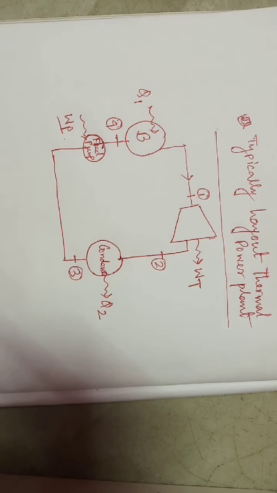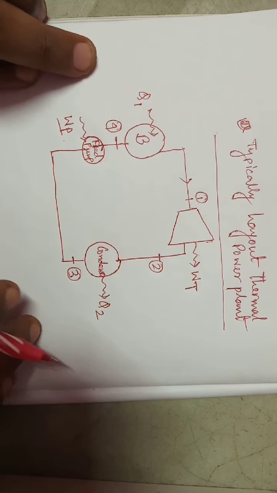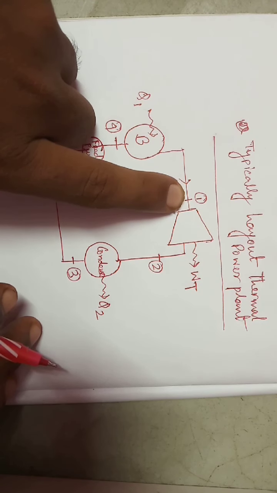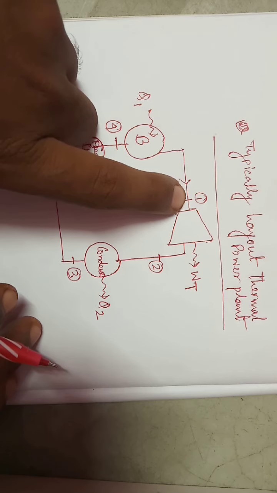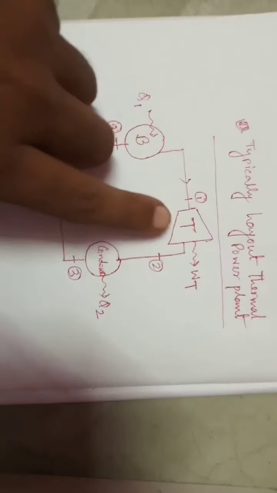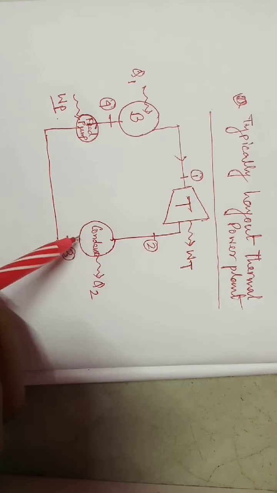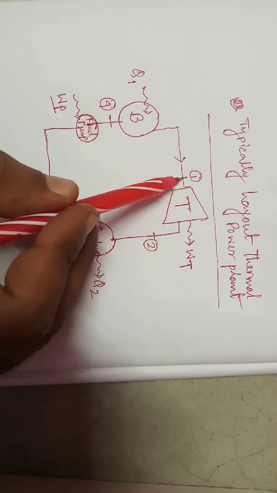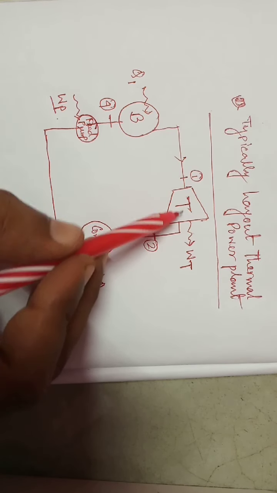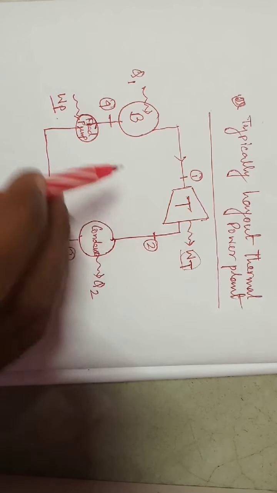So this is the typical layout of a thermal power plant, where we can see the starting point 1. We are taking dry saturated steam into the turbine, which ultimately produces a work WT and comes into the condenser. So it is a reversible adiabatic expansion process in the turbine, which produces shaft work of amount WT.